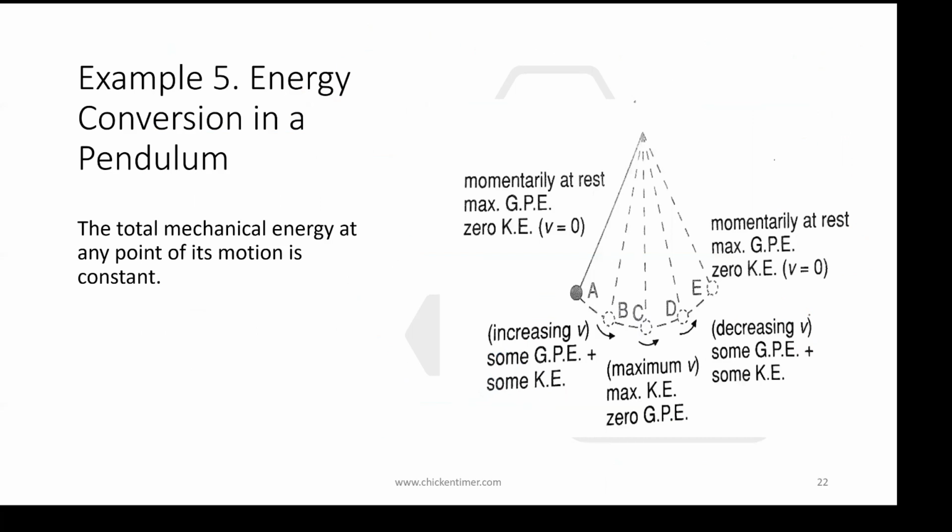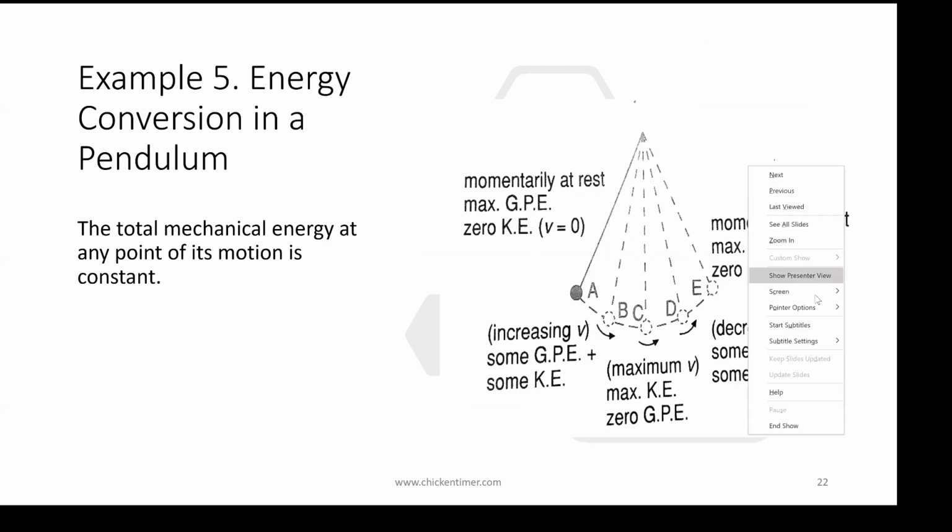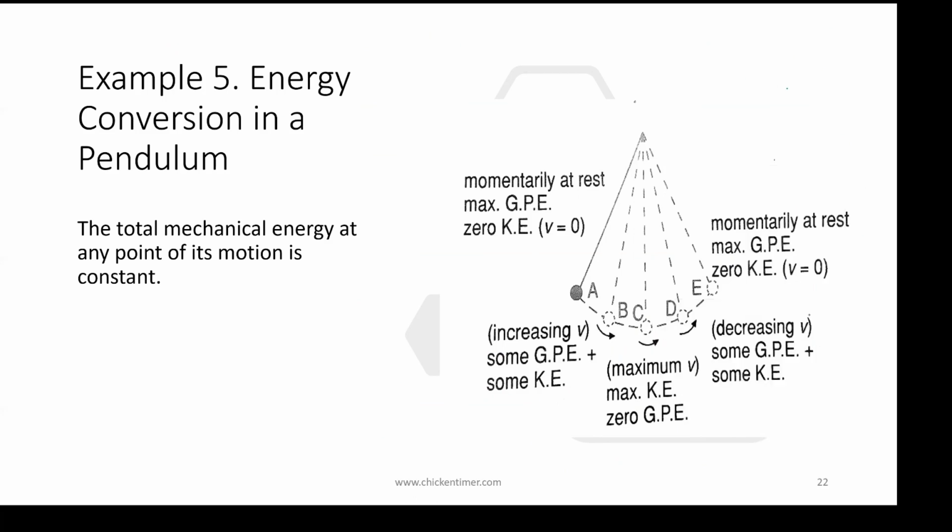Example again. Do you know what a pendulum is? It swings from left to right. You have a metal thing, then some rope, some hook, then you hang it to a rope and suspend it somewhere.